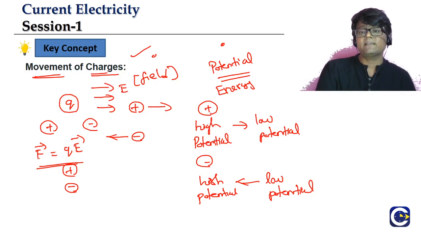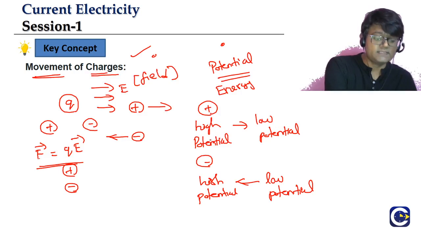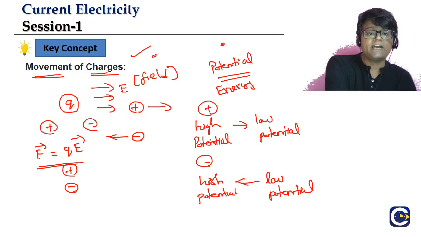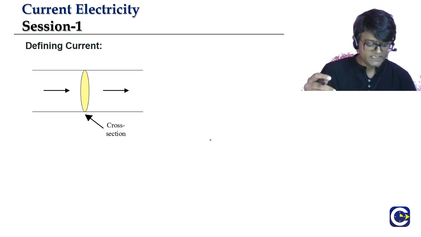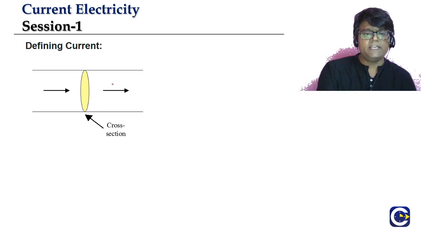Now why are we discussing the movement of charges? Because the definition of current is linked to the movement of charges. How is it linked? Say, for example, we take a conductor and mark some cross section of the conductor. This is a conductor where there is a charge going across this area.